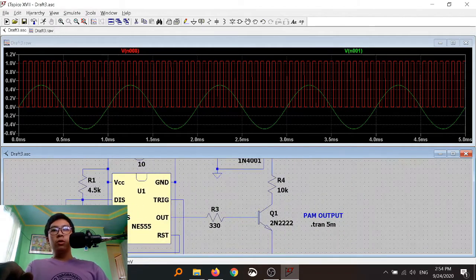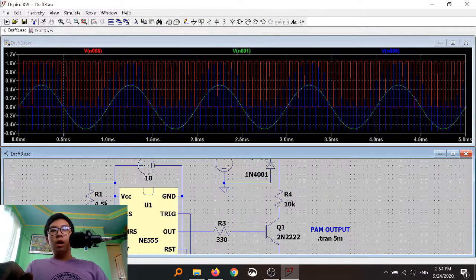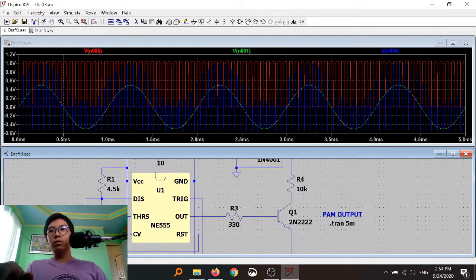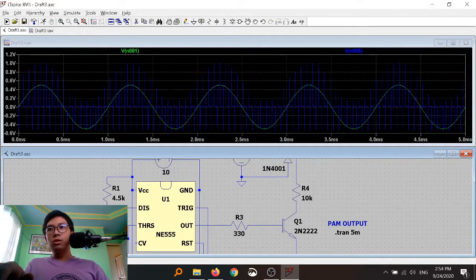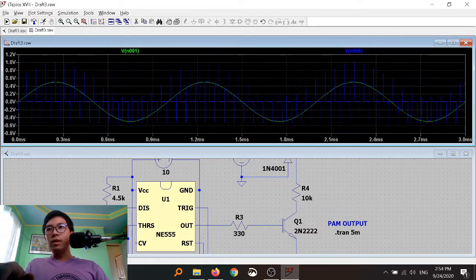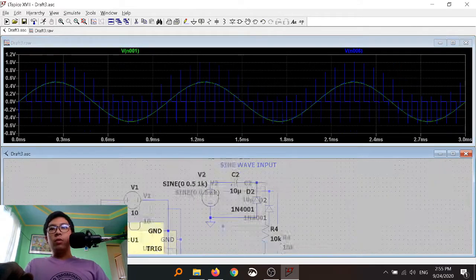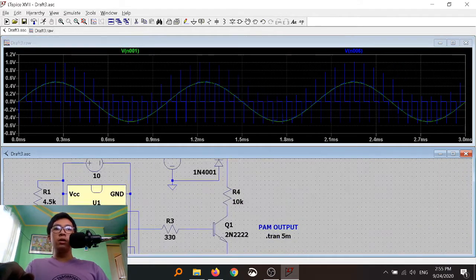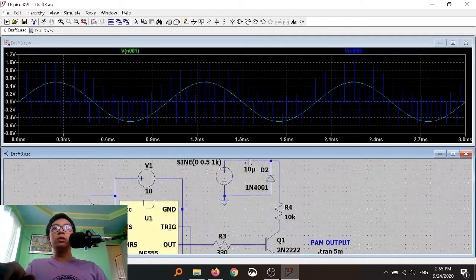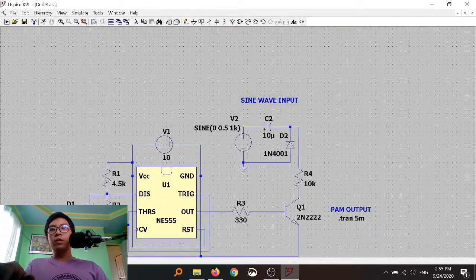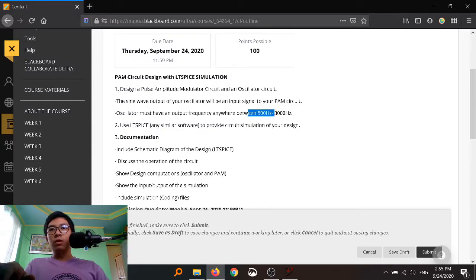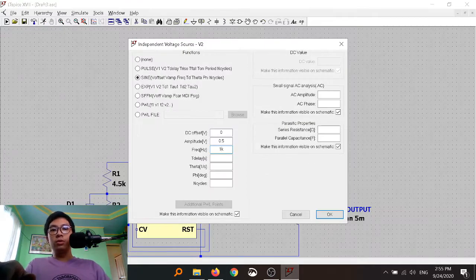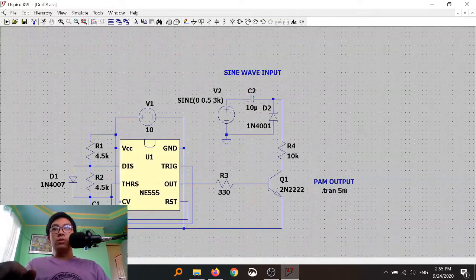So looking back at the pulse amplitude modulated wave, let's remove first the digital because it's distracting. As we can see, the analog wave is traced by the pulse amplitude modulated wave. And if we change the frequency to the limit, so anywhere between 500 to 3000, let's test for 3000 hertz.